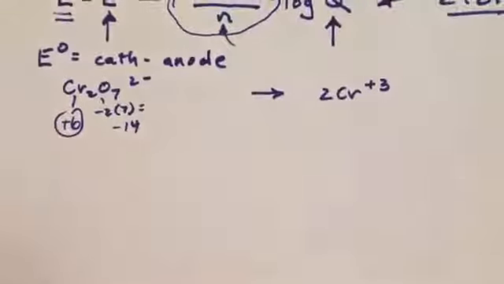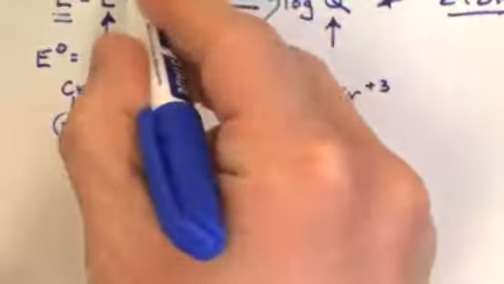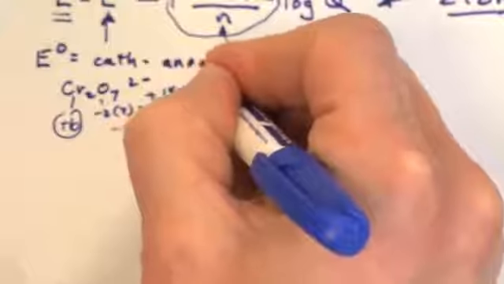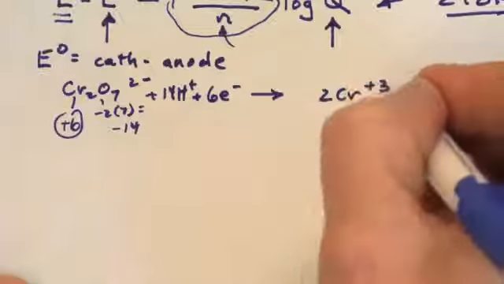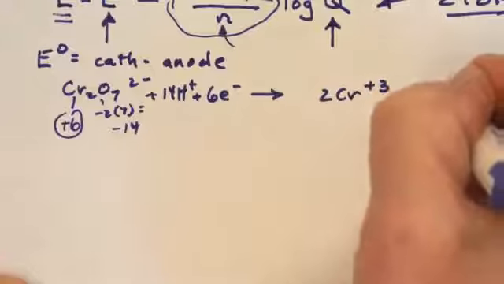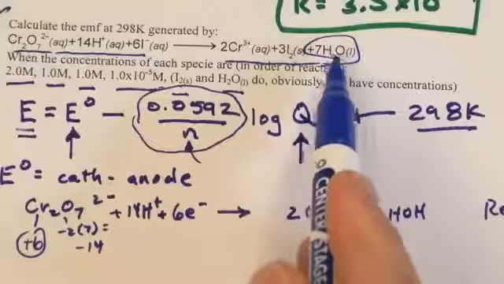The rest of this half reaction also is that you take 14 of these H pluses, and if we put the electrons in, there's 6 electrons that are transferred, and then it's going to make 7 waters on this side. Over here you can see the 7 waters written right up here in this reaction.